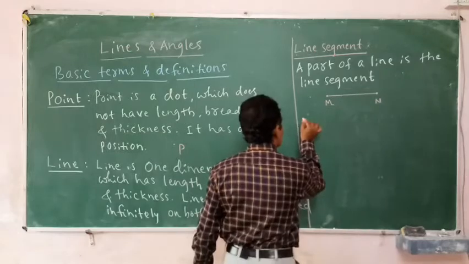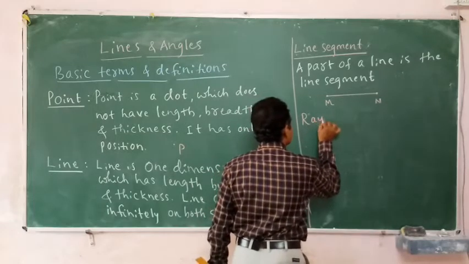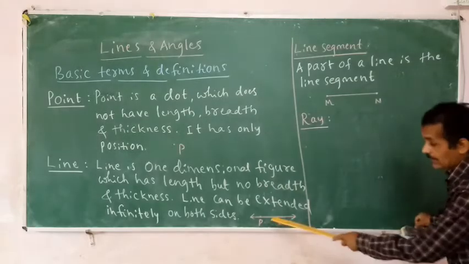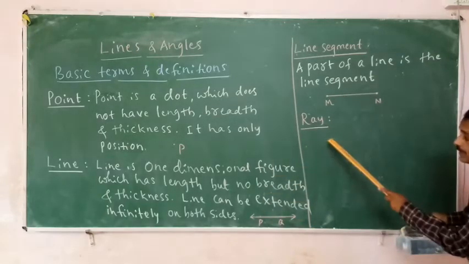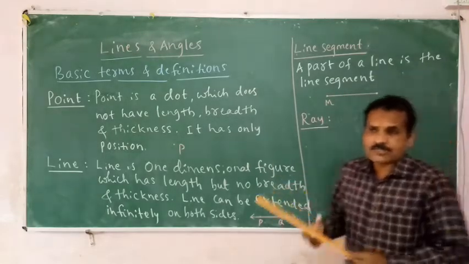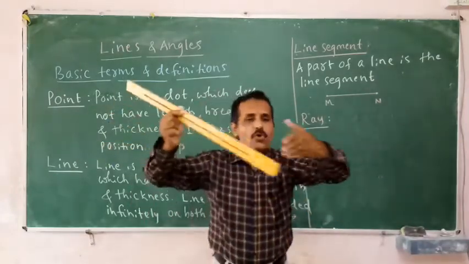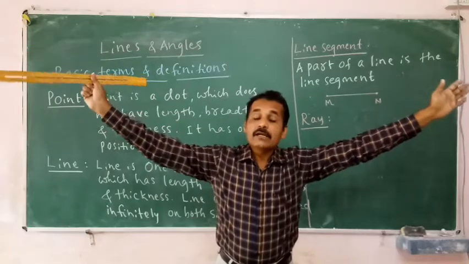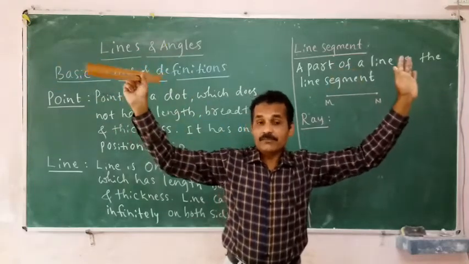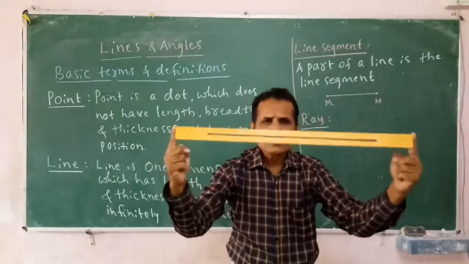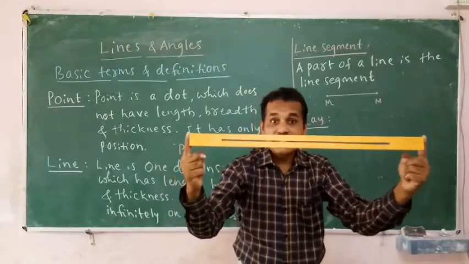The next definition I can go for a ray. What is a ray? You know line segment, now it is a ray. So the difference is, line means I can extend on both sides. It will go infinitely. Its ends are not fixed. Line segment means its ends are fixed, fixed length which cannot be extended further.